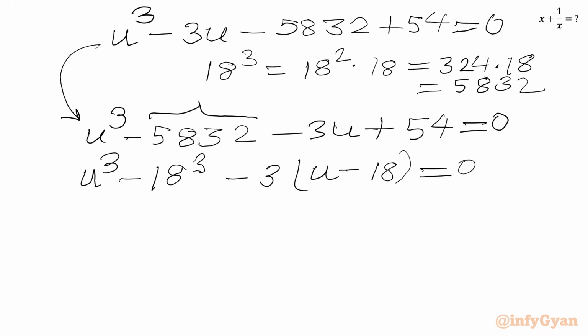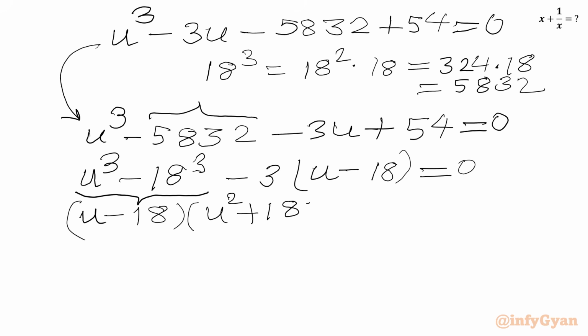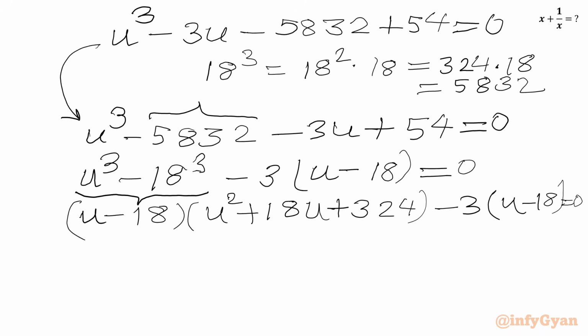Now we are going to use the a cube minus b cube formula here. So we can write u minus 18 in one bracket times u square plus 18 times u plus 18 square, which is 324, minus 3 times u minus 18 equal to 0. Now u minus 18 is overall common.